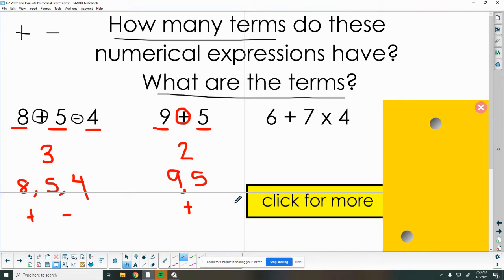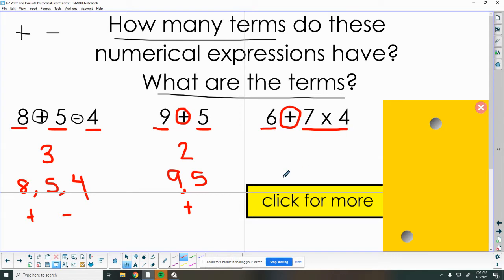Okay, let's try a trickier one here. Go ahead and write this problem down. 6 plus 7 times 4. Then we want to circle any of the adding and subtracting operations. Everything on this side is 1 term, and everything on this side is 1 term.